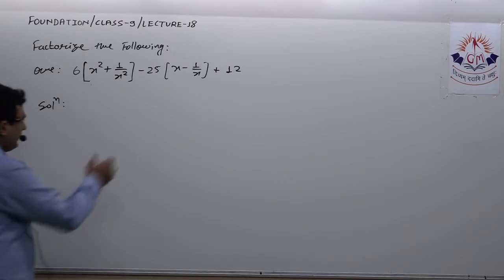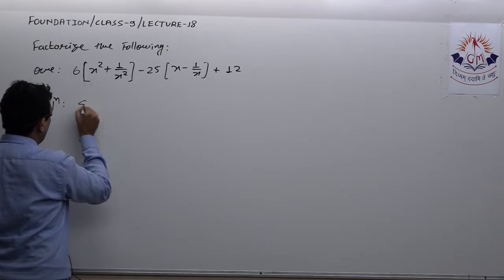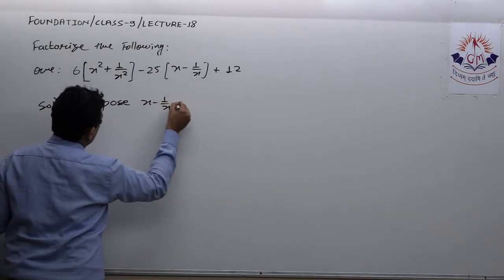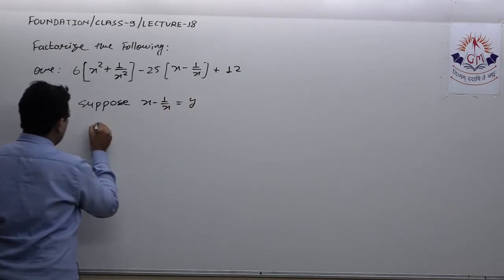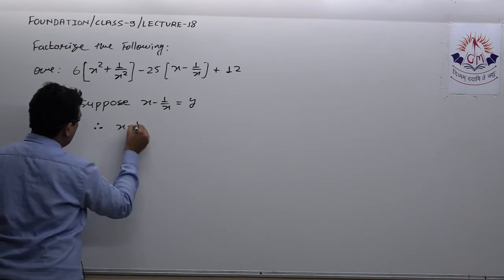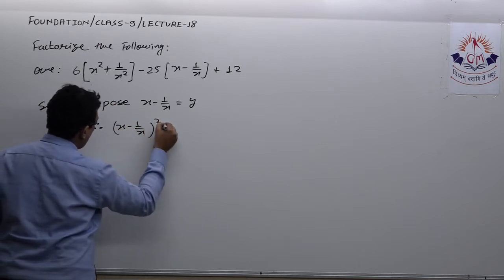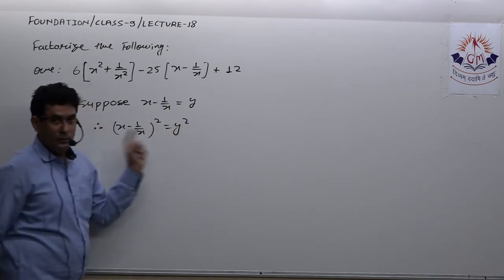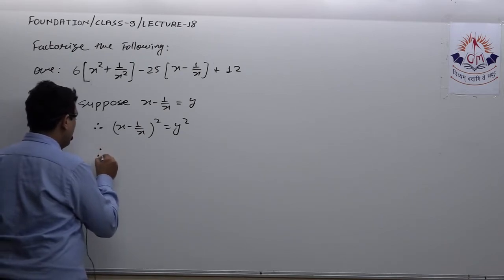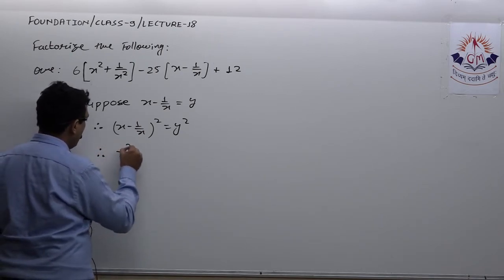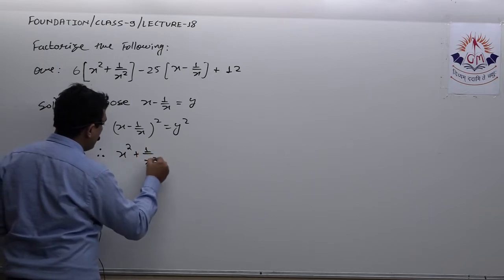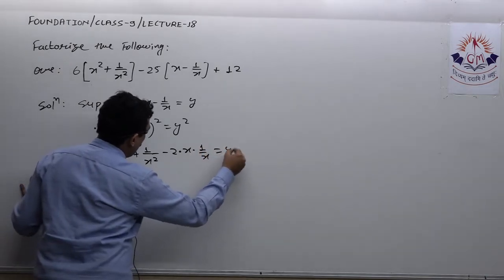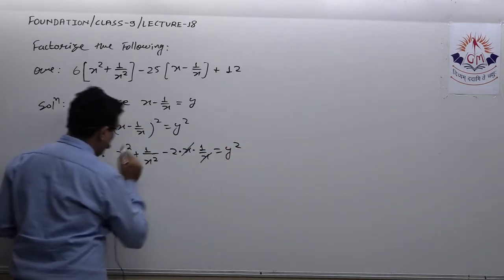Okay, so we'll start with this only. Suppose x − 1/x = y. Therefore, (x − 1/x)² = y². That means I started by squaring both sides. Here we have the identity (a − b)² = a² + b² − 2ab, so x² + 1/x² − 2 = y², since the x and x cancel out.